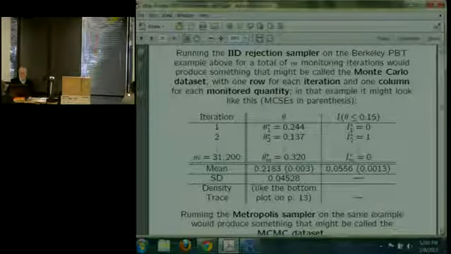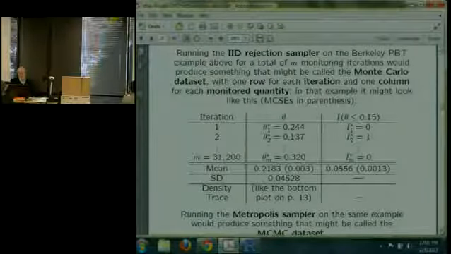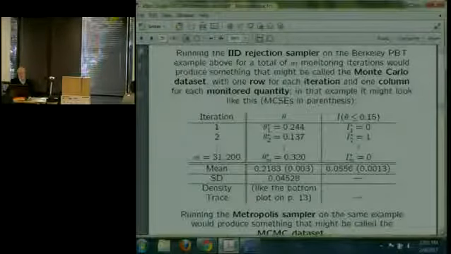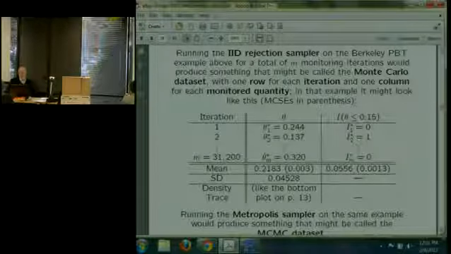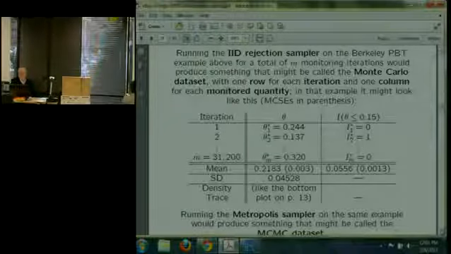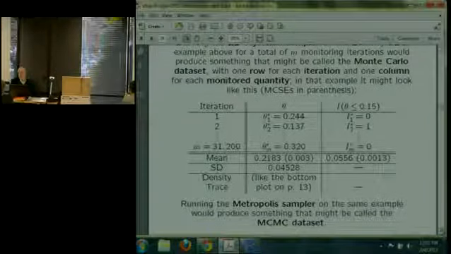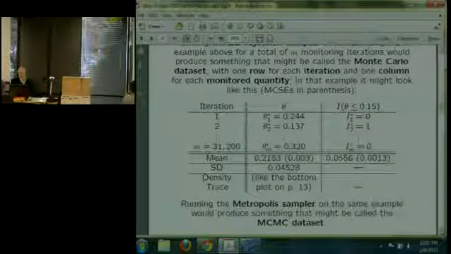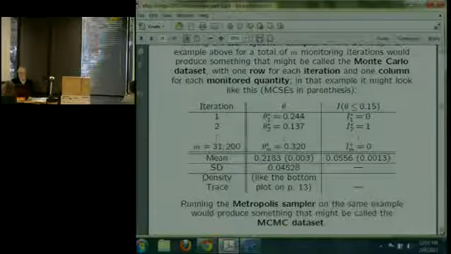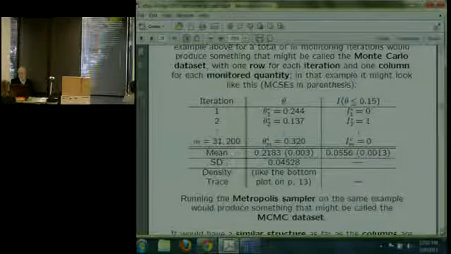Also, while you're at it, take the standard deviation of the theta column and make a density trace of the numbers in the theta star column. Everything you want to know is right there in that MC data set with some simple descriptive summaries applied to the columns. Now, running the Metropolis sampler on the same example would produce something a bit different. It would give you something that might be called the MCMC data set.